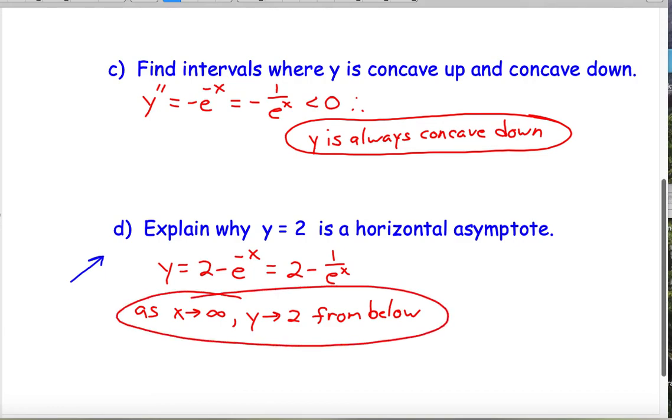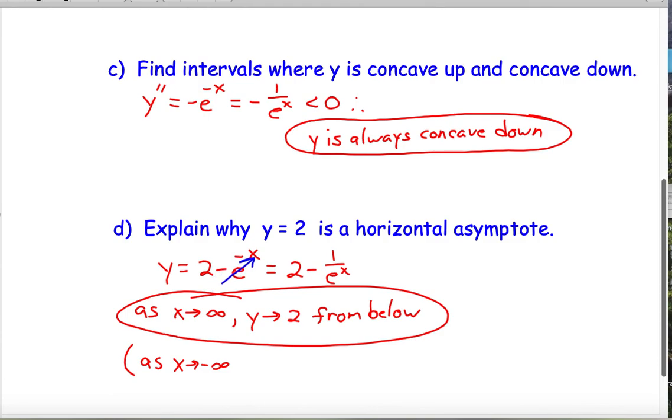Now what happens, by the way, as x approaches negative infinity? Well, e to the x with a really big negative number. Let's look back at this form, it would be easier. Put in a negative number for x, like negative 100. This becomes e to the positive 100, which is a really big number. 2 minus that is going to give me a really big negative number.